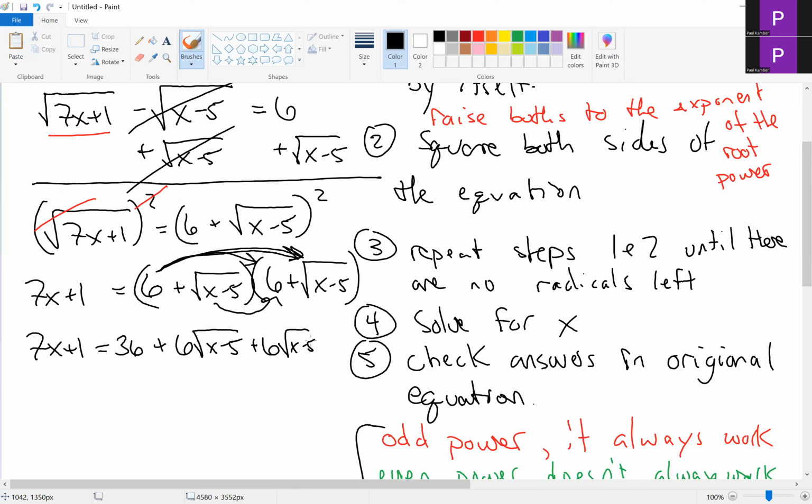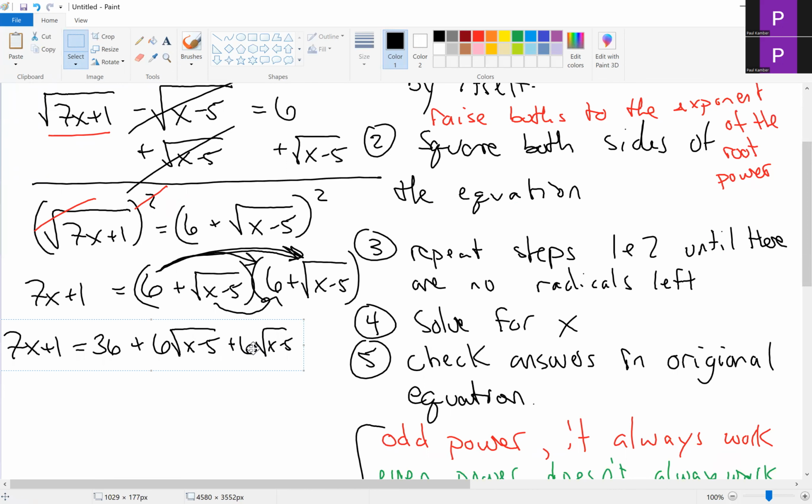And then we have the square root of x minus 5 times the square root of x minus 5, which is the square root of x minus 5 squared.